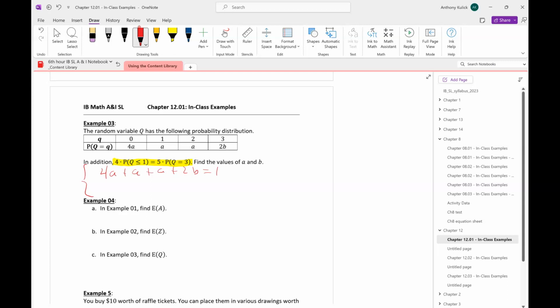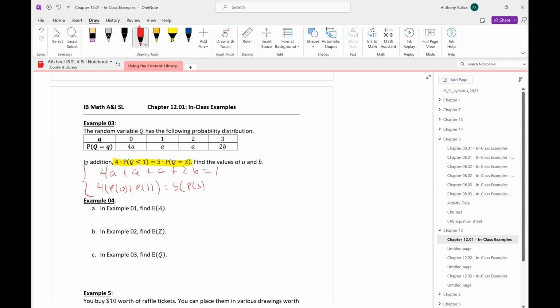So what would I write for 4 times P of Q less than or equal to 1 equals 5 times P of Q equals 3? I'm going to turn that into an equation of A's and B's. So like 4 times P of 0 and 1, equals 5 times P of 3.